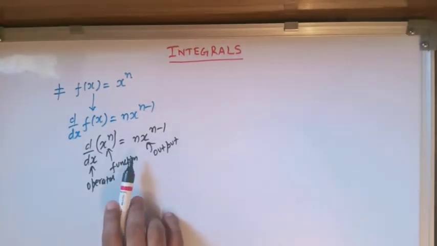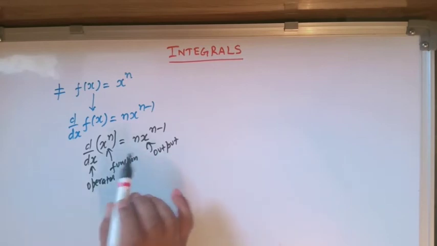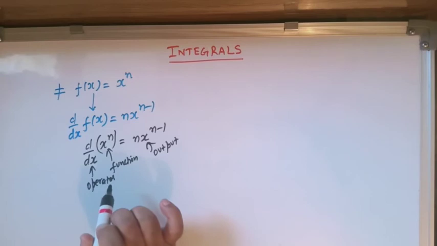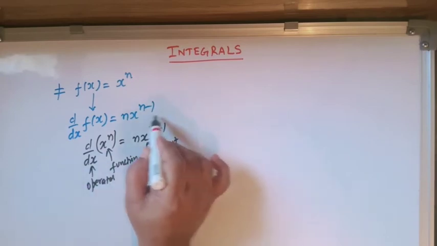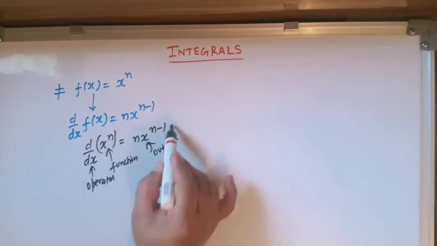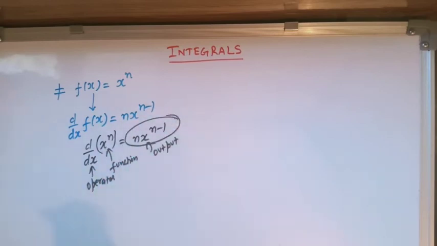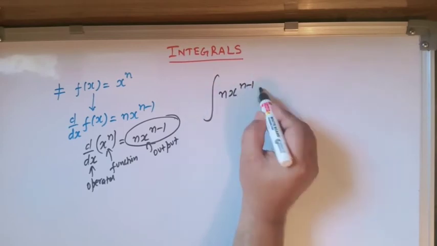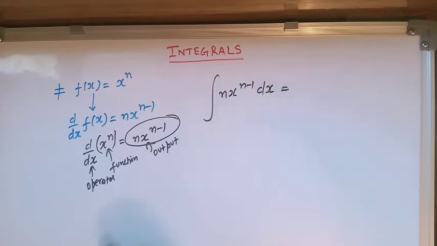Now we know that integration is the inverse process of differentiation. So when we differentiate this function, we get this. Now we'll integrate this function with respect to x.